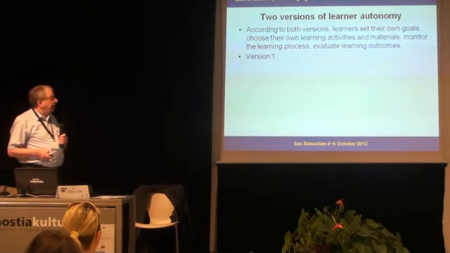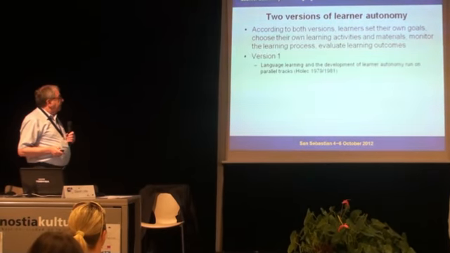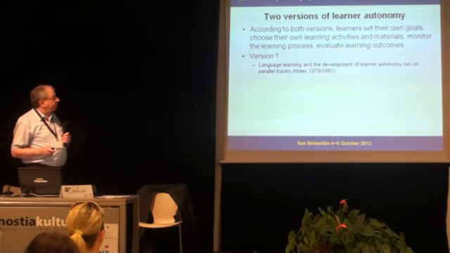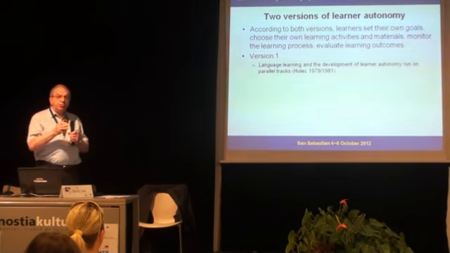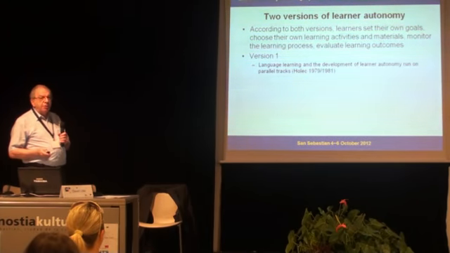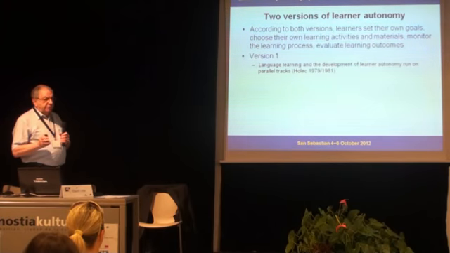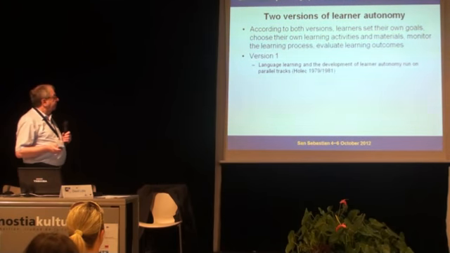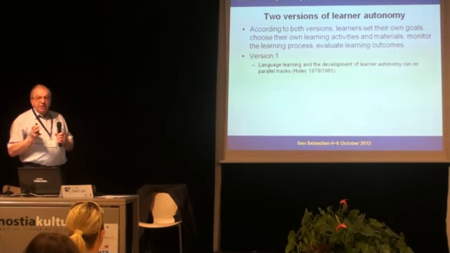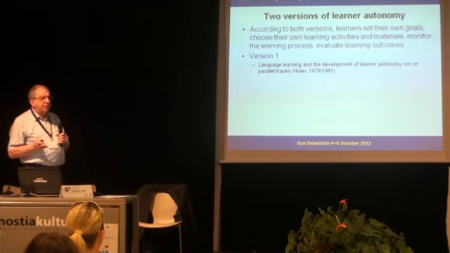But version 1 sees language learning and the development of learner autonomy as 2 quite separate things that run on parallel tracks. That's the view of learner autonomy that Henri Holec introduced in his report for the Council of Europe back in 1979. It's the view that has been very influential, I think, around the world at university level.